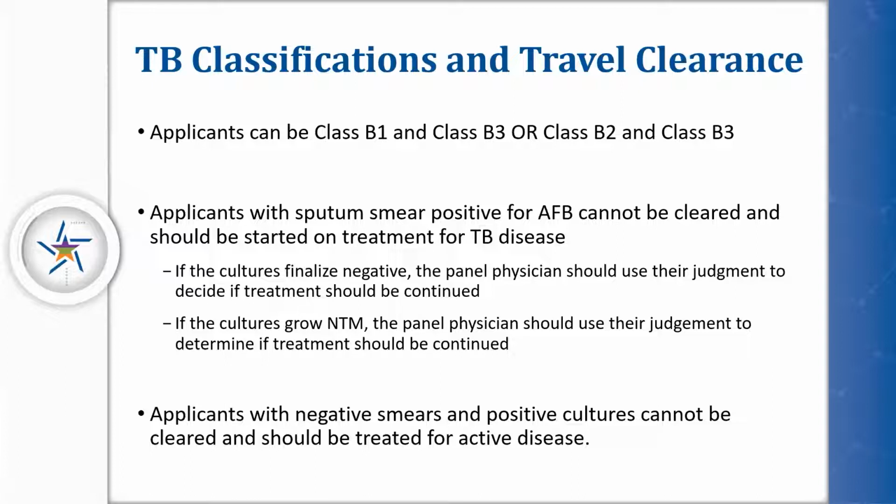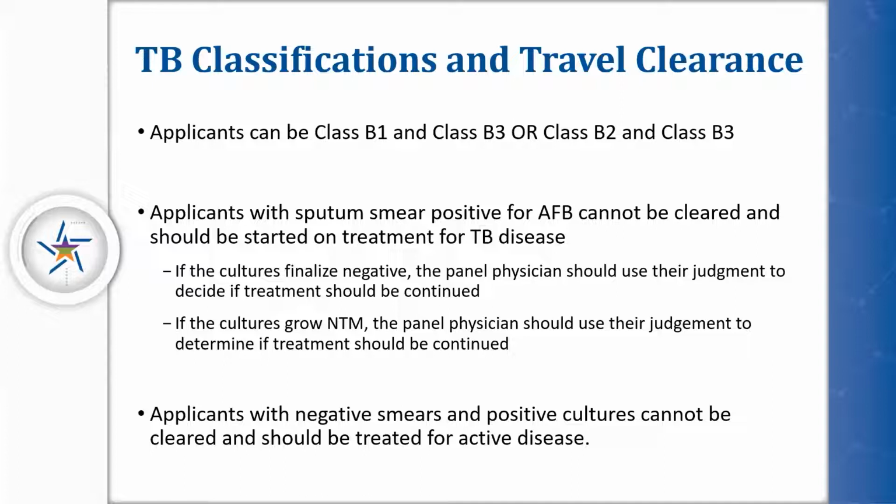I always say that, whenever human error can be part of the equation, you can't ever say for sure that something didn't happen to one of the patient's specimens. But if you feel that that person has active disease, you should finish the treatment for active disease.